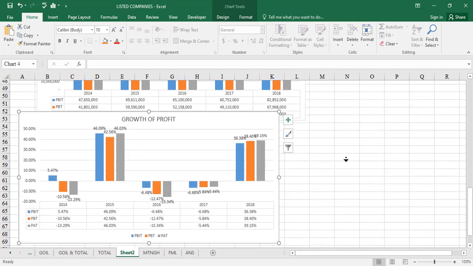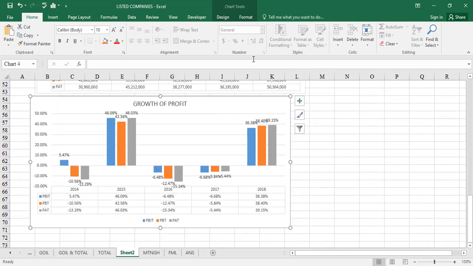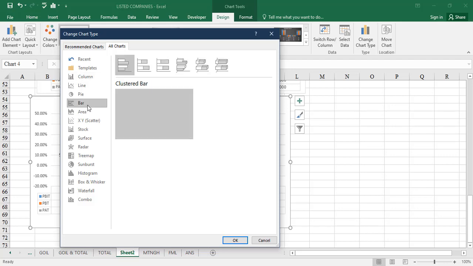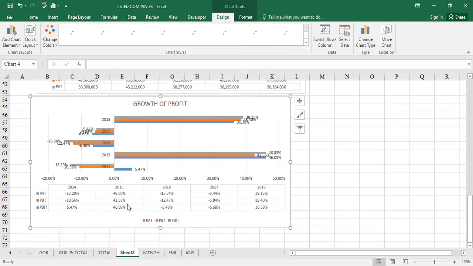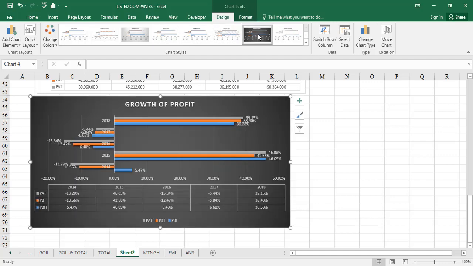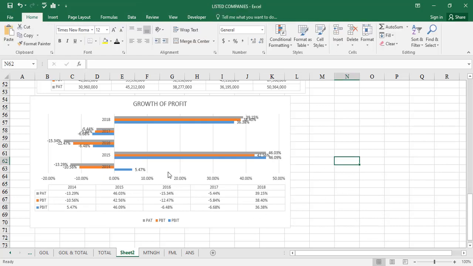So there we have it. Let's change the design. Okay, or we can use a bar chart instead. Okay, not so good. Okay, so let's stick to this.